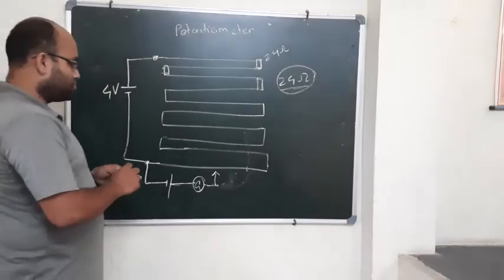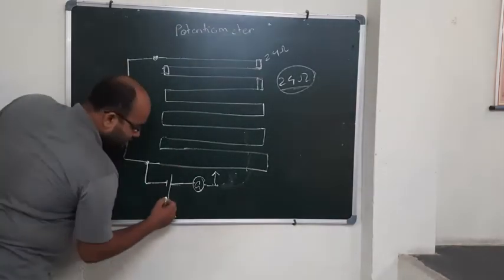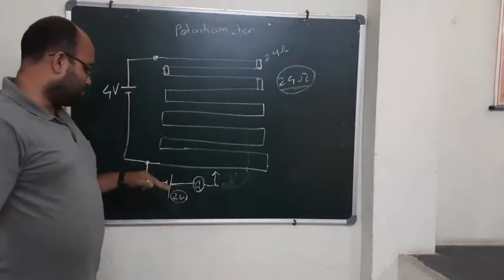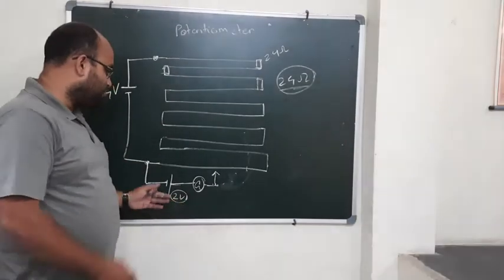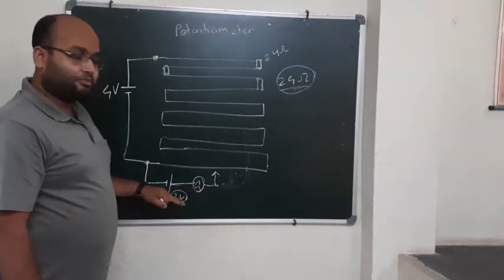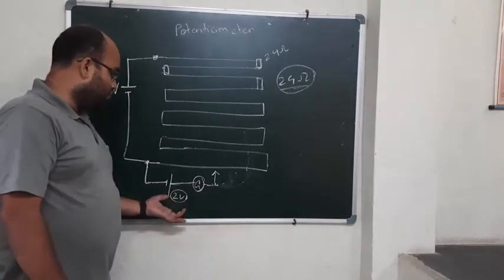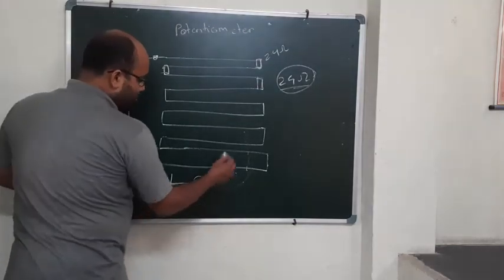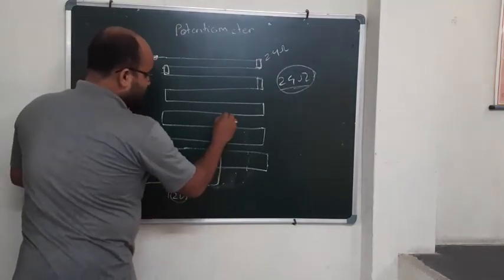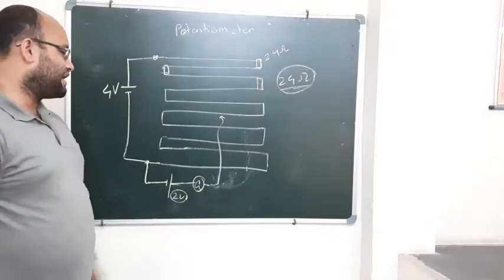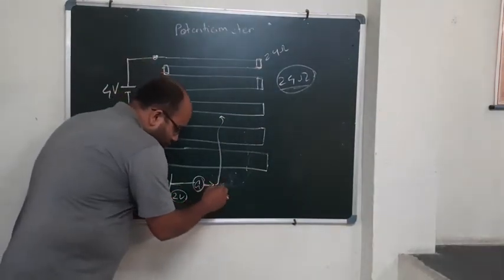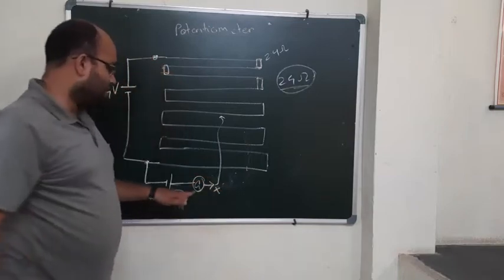Suppose this cell has an EMF of 2 volts. I'm just considering that we know this potential to make you understand. Now, if I move the pointer and connect here, and I see that no current flows through this galvanometer, there will be no deflection.